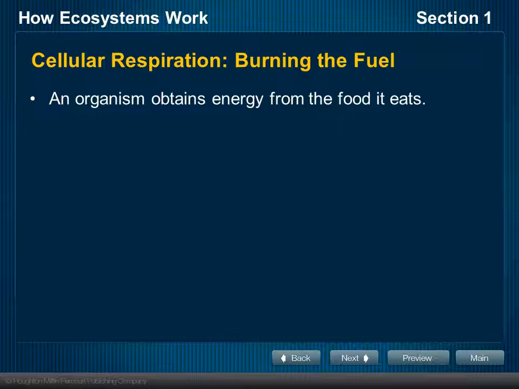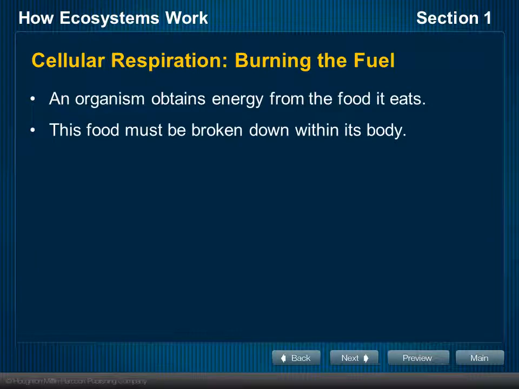Your engine or furnace gets energy through two things: a fuel source and oxygen. Cells need to carry out respiration, so they need a fuel source and oxygen. We know where the oxygen comes from. The fuel source is the food that they eat.